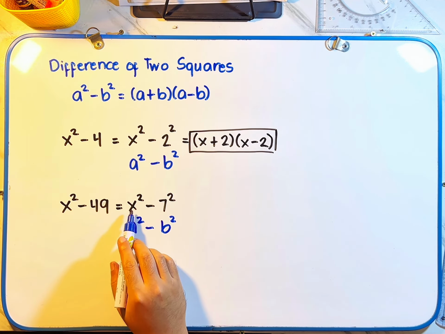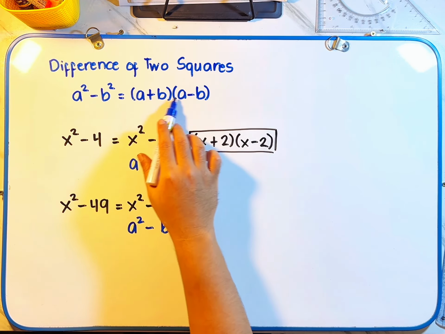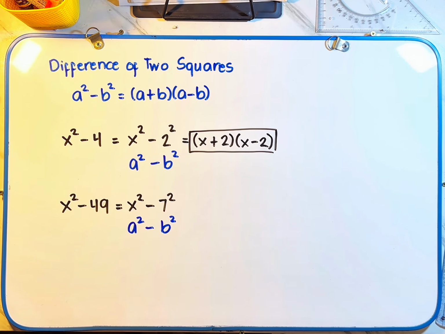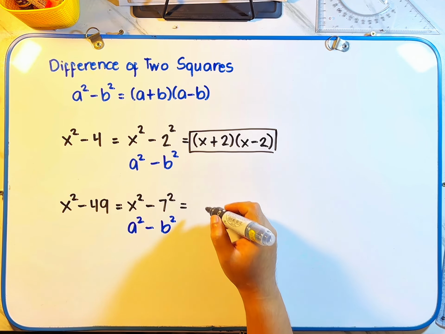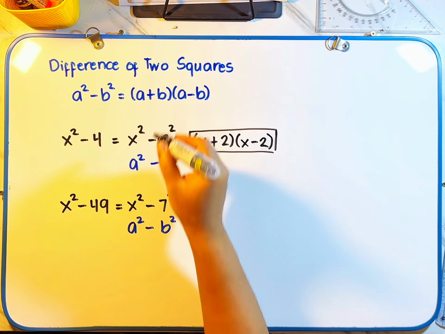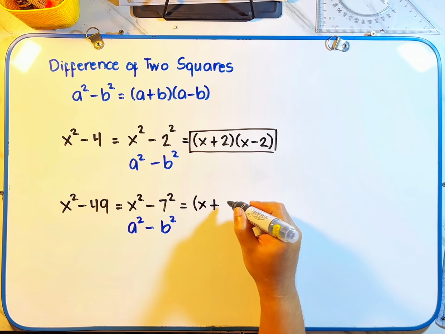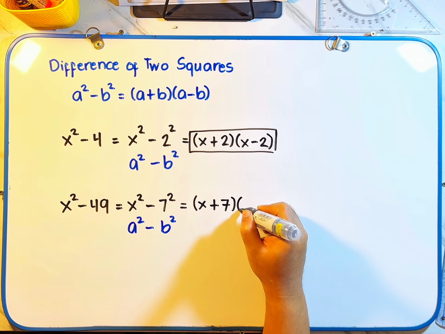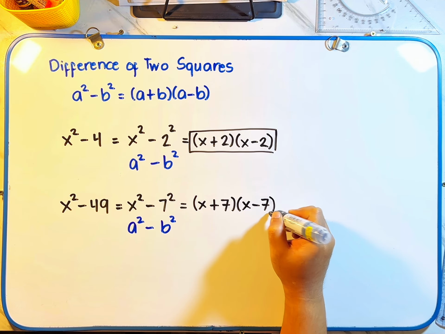Our a is x and our b is 7. Substitute them to the factored form above. So, the factored form of this expression is a plus b. Our a is x, so x plus 7, times a minus b, so x minus 7.